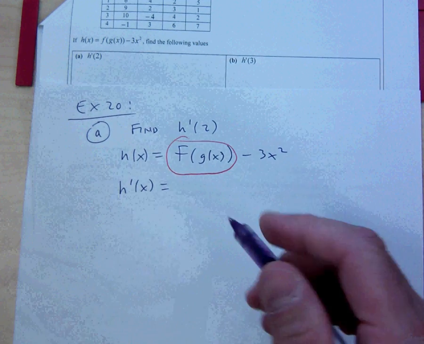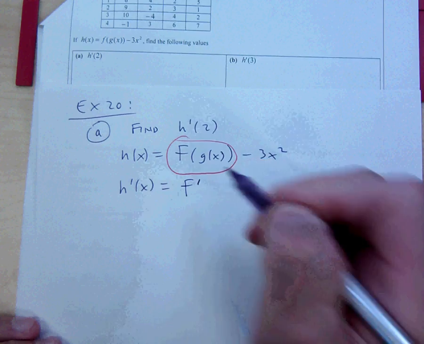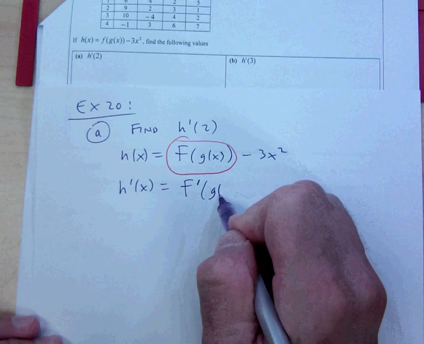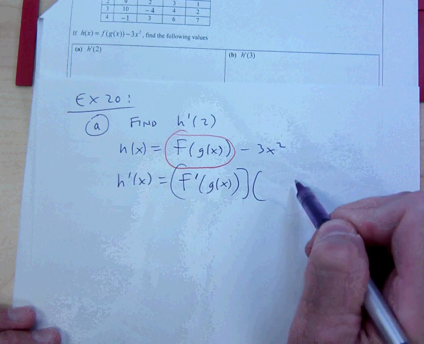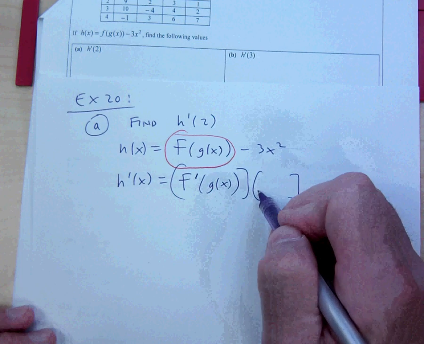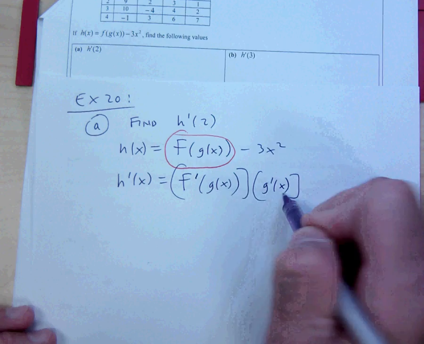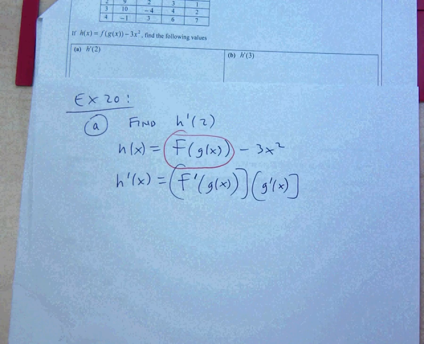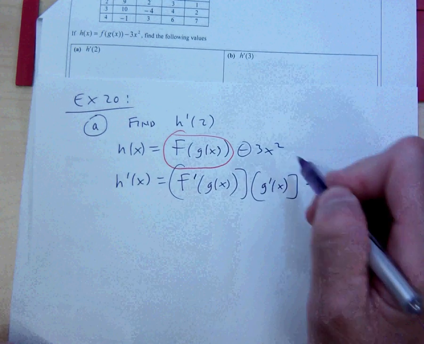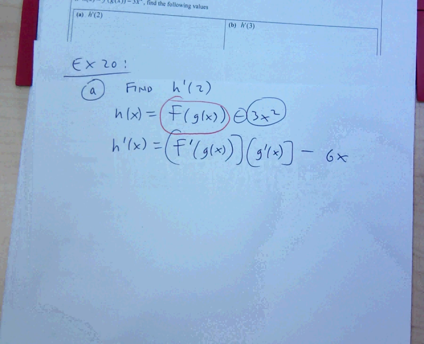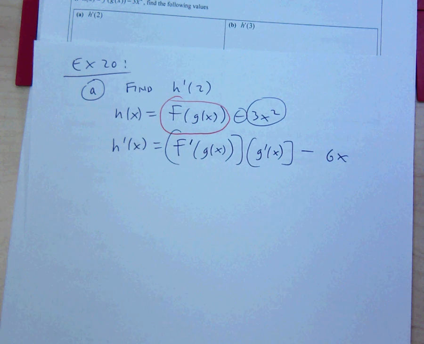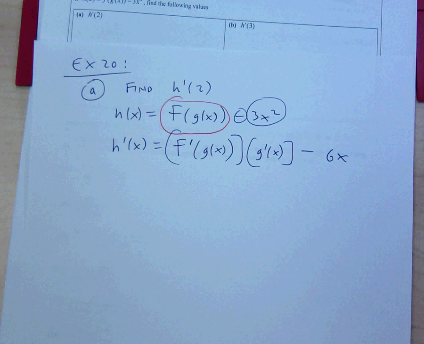You take the derivative of the outside, which would be f prime, put the inside back in exactly the way it was, and then multiply all that by the derivative of the inside, which would be g prime of x. Okay? And so that's the derivative of that, and then minus, what's the derivative of that? 6x. Okay?